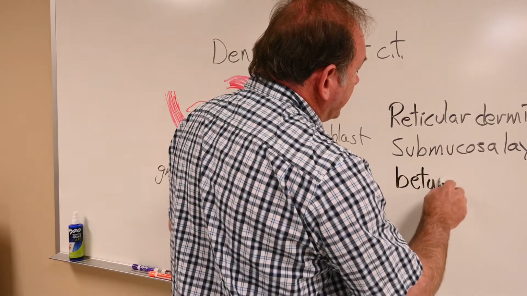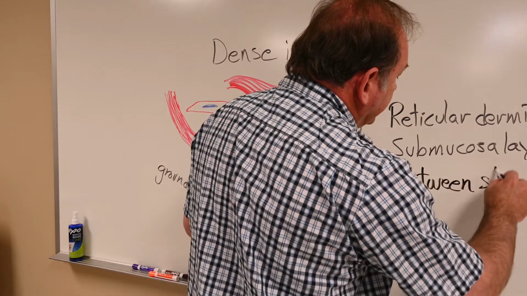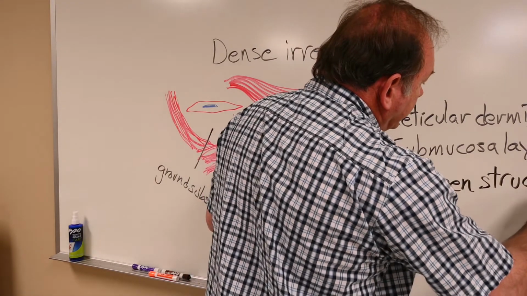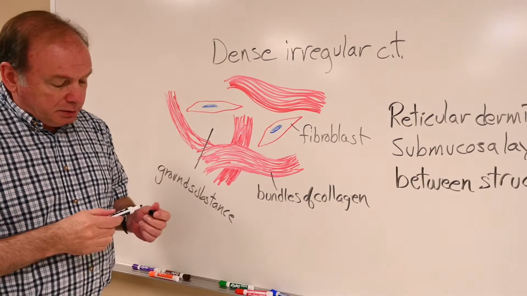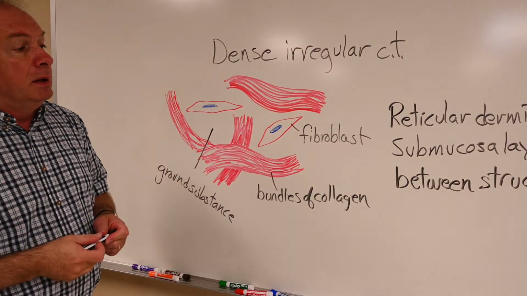Again, between some structures, you may find some dense irregular connective tissue.